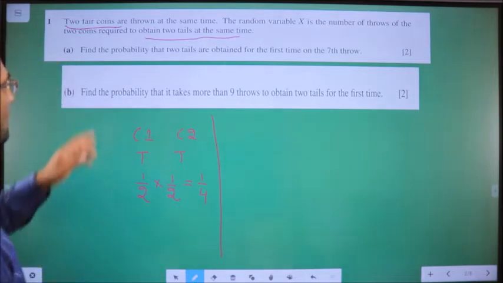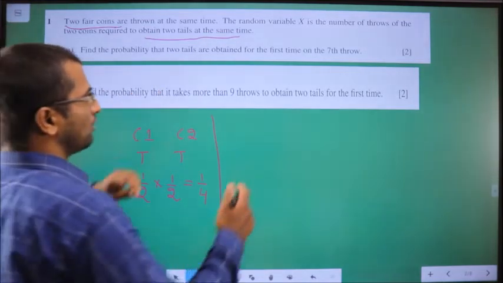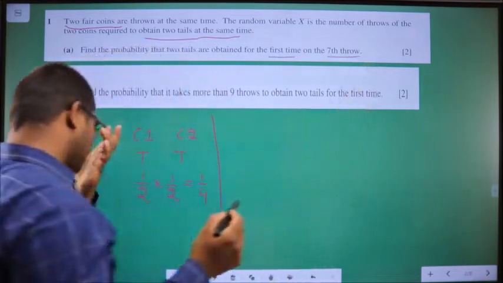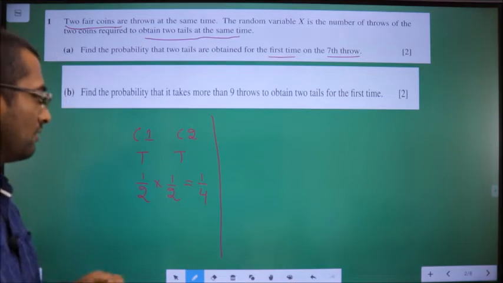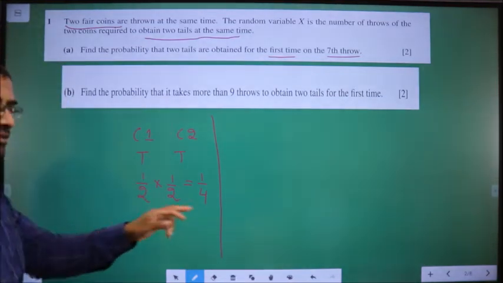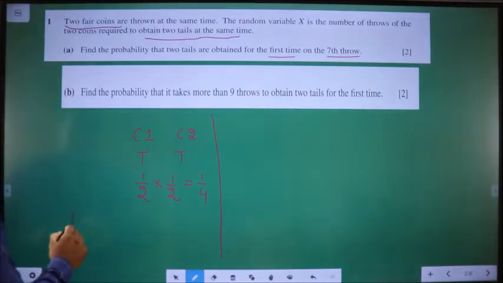Next, find the probability that two tails are obtained for the first time on the 7th throw. Now, what does it mean? Probability of getting both tails is 1 by 4. Then what is the probability of not getting both tails?